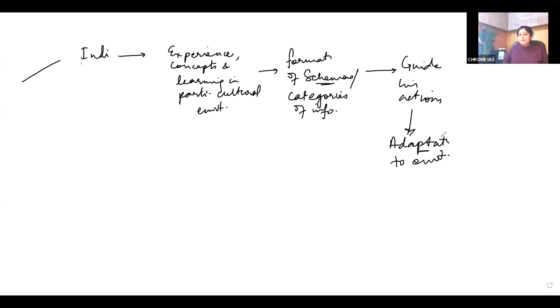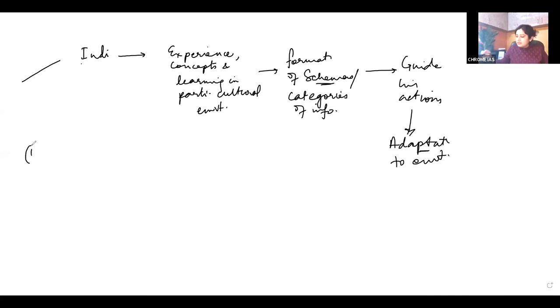Fine. Now, how will schemas facilitate adjustment? These points can also be understood using flowcharts, or you can frame them into sentences, your wish.